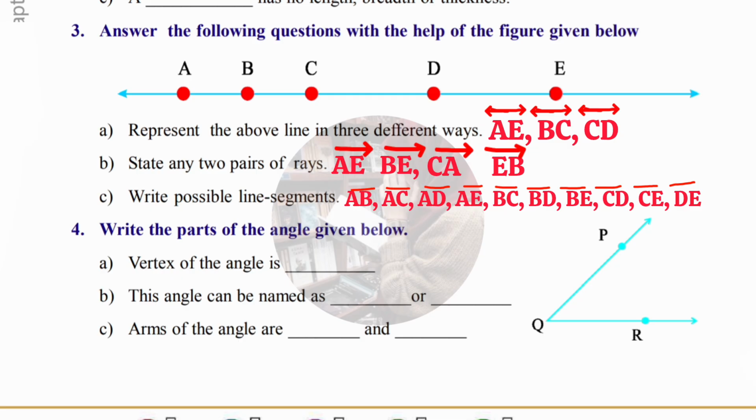First question is vertex of the angle is Q. Then second question is this angle can be named as angle PQR or angle RQP. Next, third question is arms of the angle are ray QP and ray QR. Understood guys? Up to here our 6th chapter 5th lesson maths workbook answers are finished.